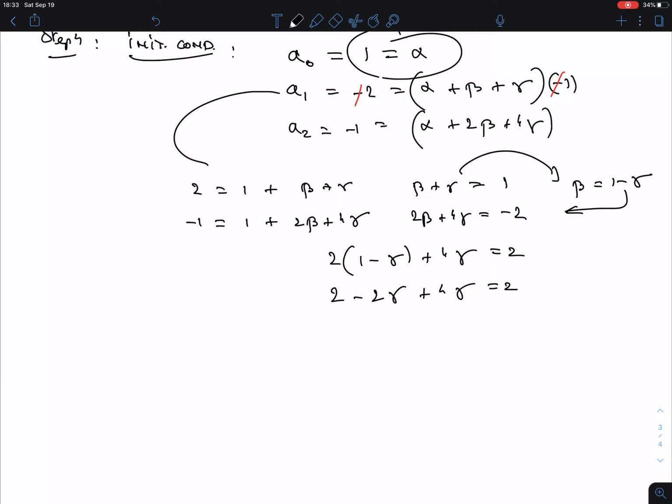The 2's cancel, right? So I find that gamma is 0. Is that really what I want? Let me see here. No, I must have made a mistake somewhere. What did I do wrong?